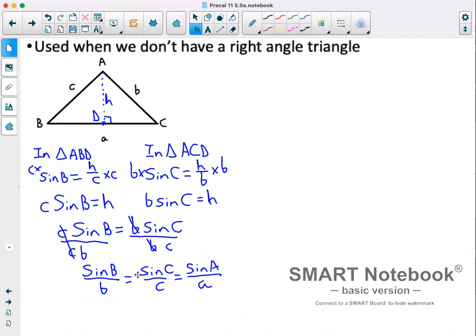except we have one additional component, which is sine A over A. Now, when we're using this, we only use two of the three components at any given time. In the format that's written now, I would use this for solving for angles because I've got my angles in my numerators.